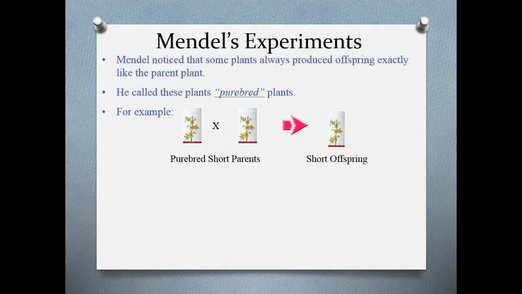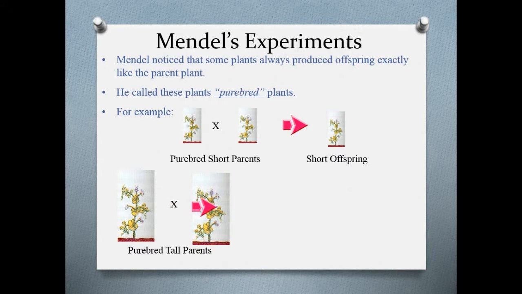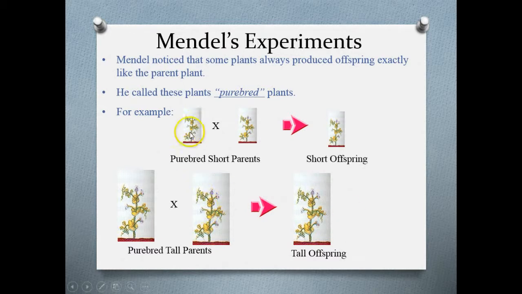He noticed that purebred short parents always produced short offspring. They didn't have any tall plants that grew from the seeds of those plants. He also noticed that purebred tall parents always produced tall offspring. So he wondered, what would happen if I took a tall parent and crossed it with a short parent?